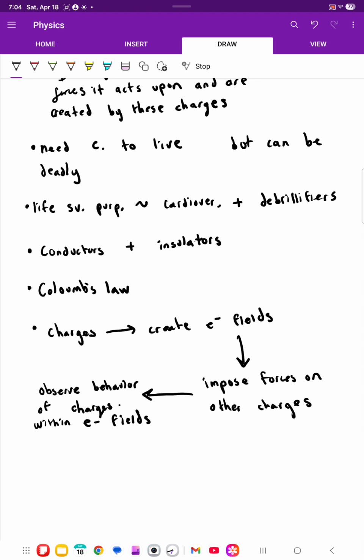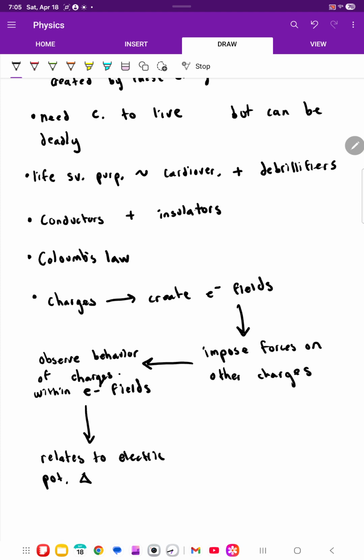We'll find how this relates to electric potential difference, also known as voltage.